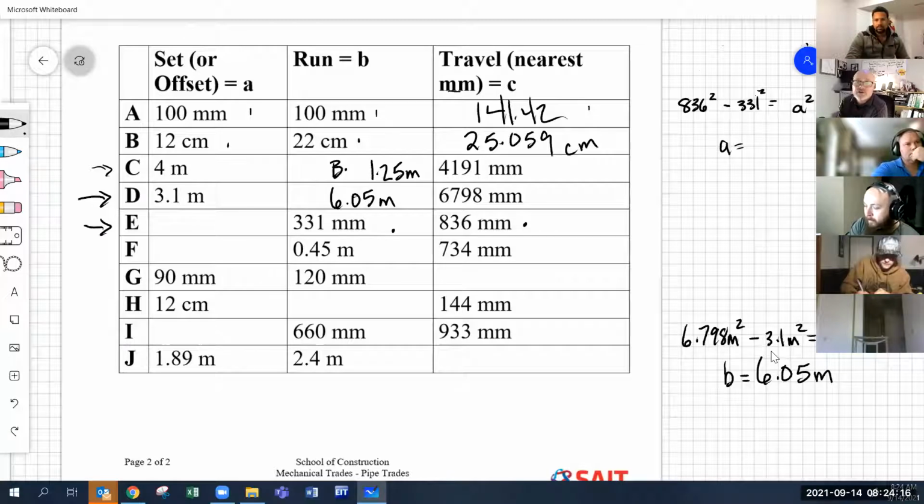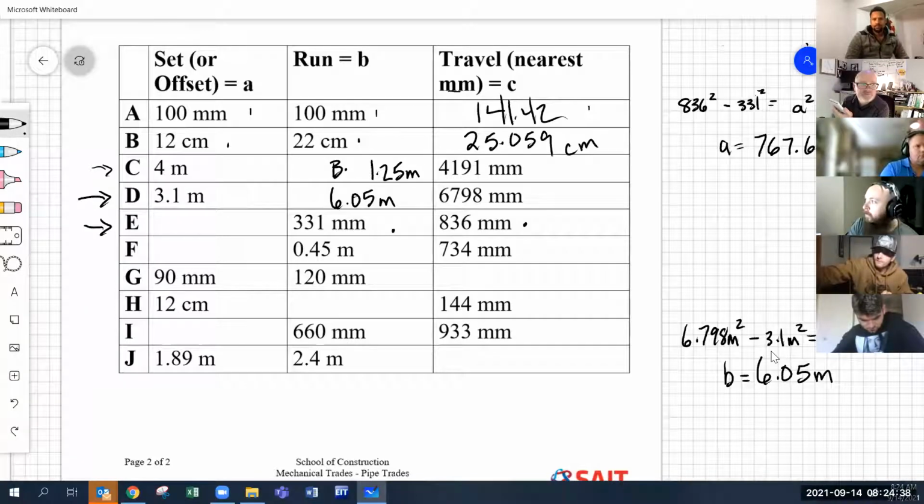So A equals 767.68 mils. Yeah, does everybody concur?